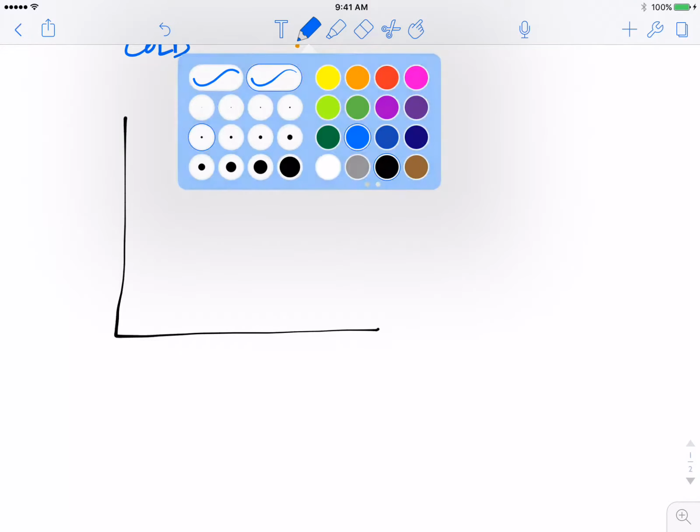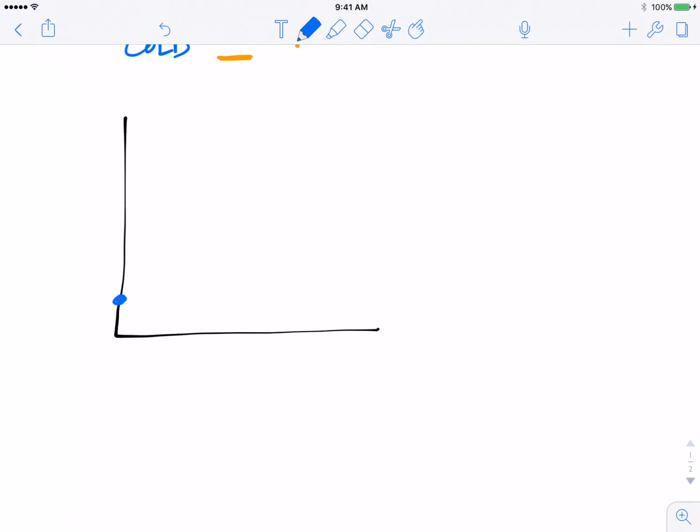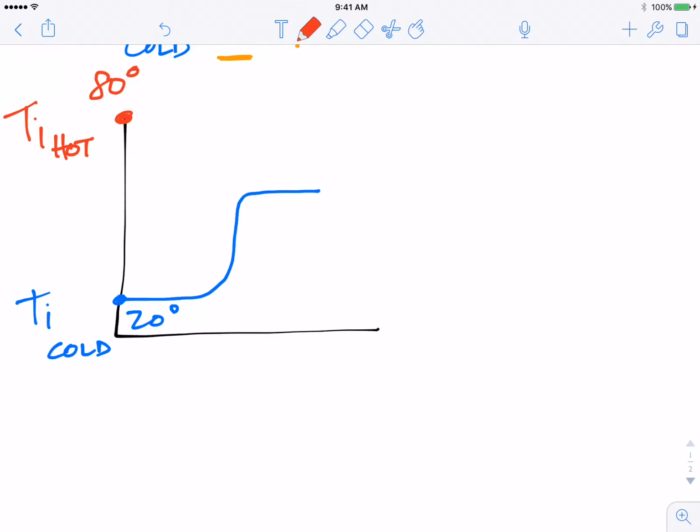We'll start out with a little spot here for initial temperature of our cold water, which was 20 degrees. And we would see a graph going something like this. And for the hot water, starting up here, we'll write Ti of the hot, so the initial temperature of the hot, at 80 degrees. And so we would see that going here.